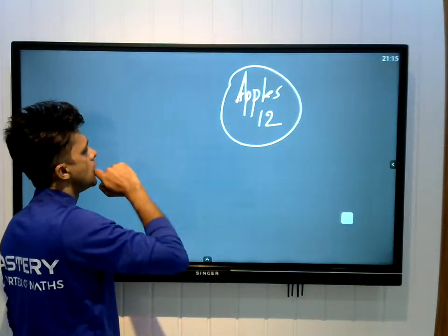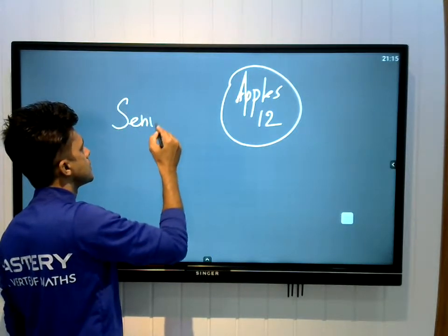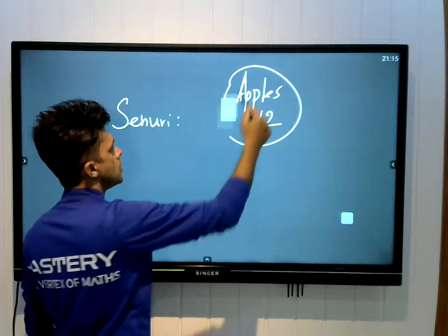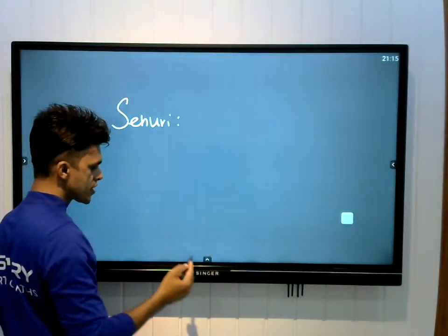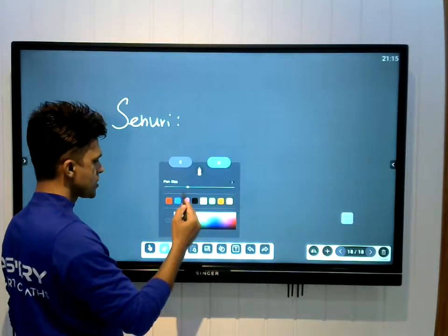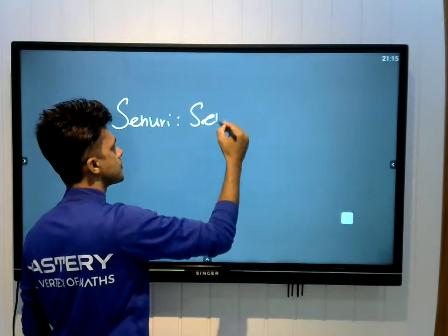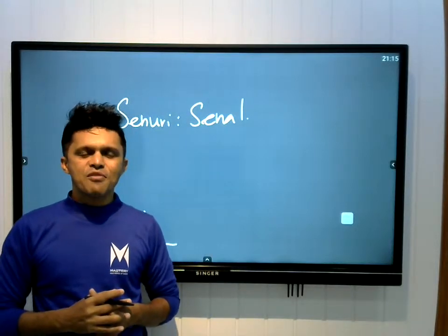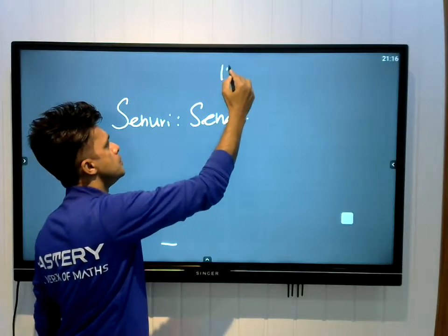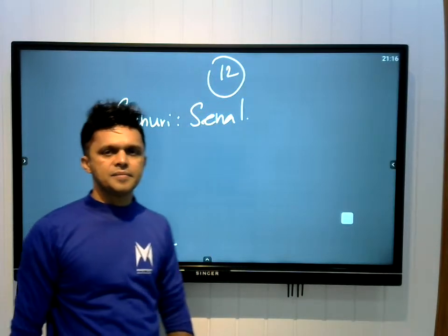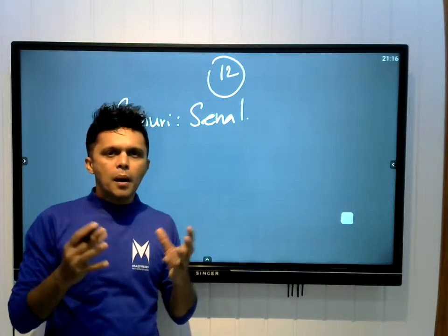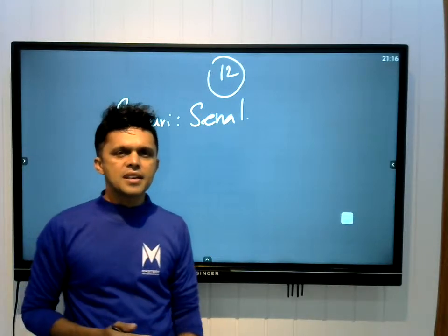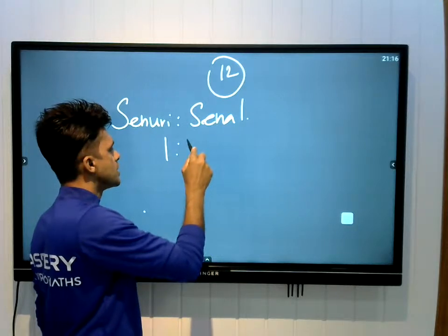Senuri and Sena. Those 12 mangoes are divided between Senuri and Sena, then that amount is divided in the ratio 1 to 3.